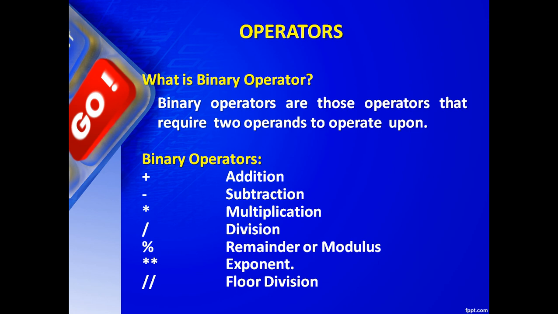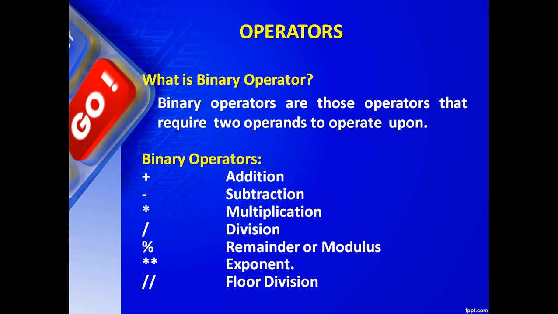So x minus y, x into y, x divided by y, wherein you require two operands, that is called a binary operator. Unary means you can apply to a single operand, minus x, plus x. Into x you never say, divided by x you never say. Whenever you say divided by, then you say y divided by x. So that's why these are all binary operators, and these are all unary operators, right?